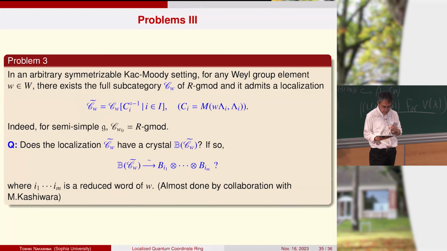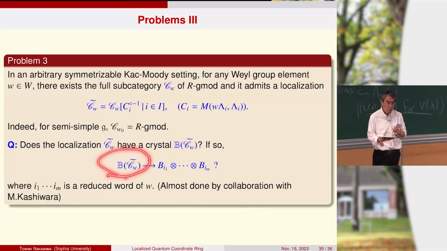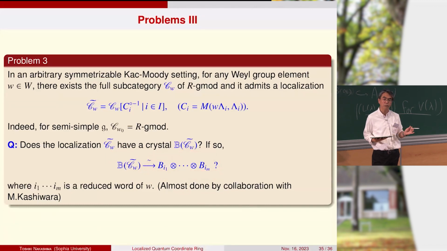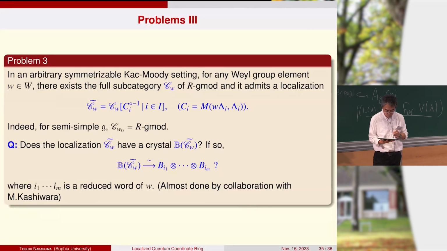The question is whether this also has crystal structures, and if so, whether it is isomorphic to a cellular crystal also. But of course, in general Kac-Moody settings, there is no longest element.